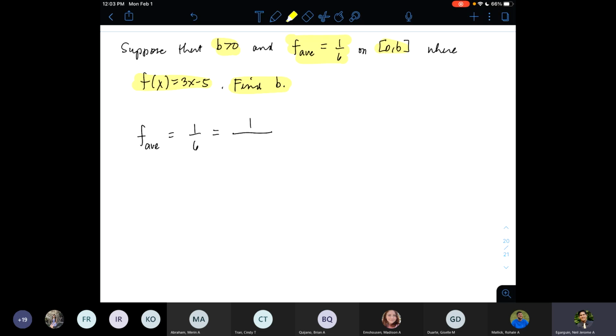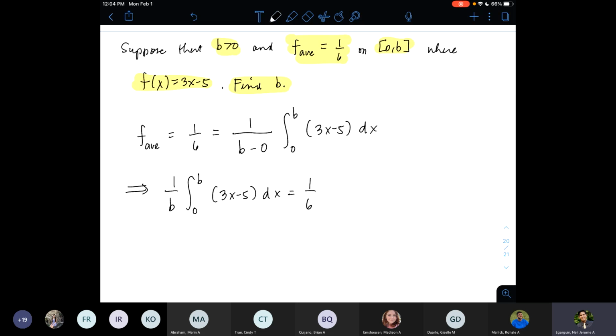The given interval is from 0 to b, so the length would be the right endpoint minus the left endpoint, and then the integral over the interval of the function f, which is 3x minus 5 dx. Okay? So basically, this tells us that 1 over b, integral from 0 to b of 3x minus 5 dx is equal to 1/6. Good?